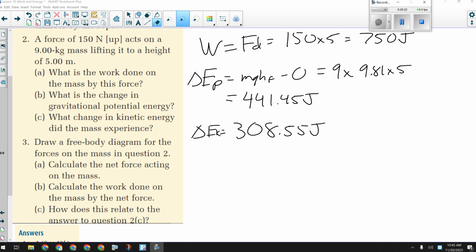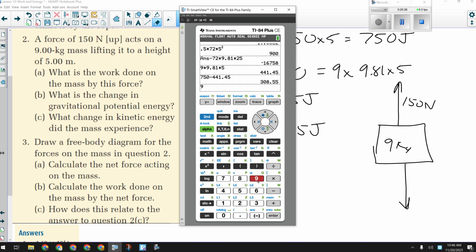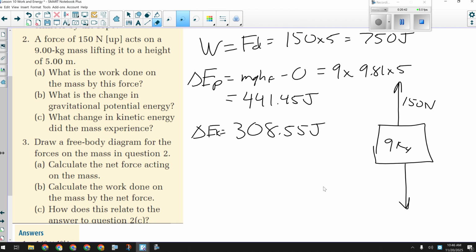So the first thing they want you to do is do a Newton's second law problem with this situation. We've got our 9 kilogram mass here, we've got 150 newtons acting up, and then since it's a 9 kilogram mass, we have 9 times 9.81 going down. So 88.29 newtons.